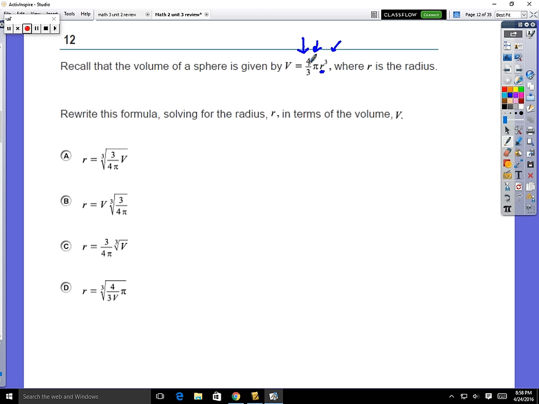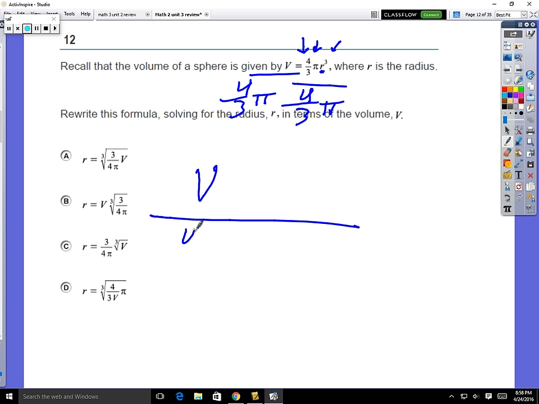So the pi and the 4/3 are timesing to the r. So let's undo the times. Let's divide this by 4/3 pi, and let's divide this by 4/3 pi. So you are going to have v divided by 4/3 pi.